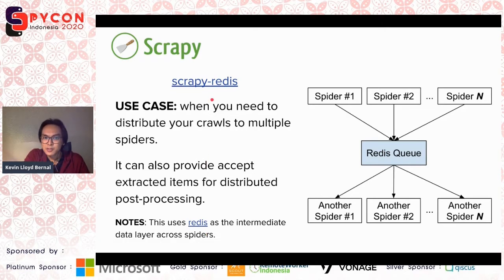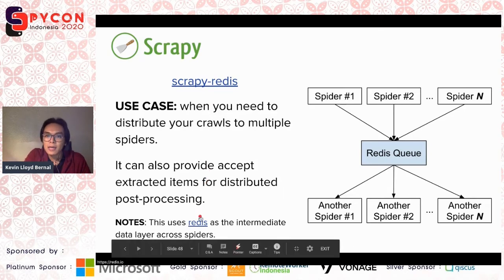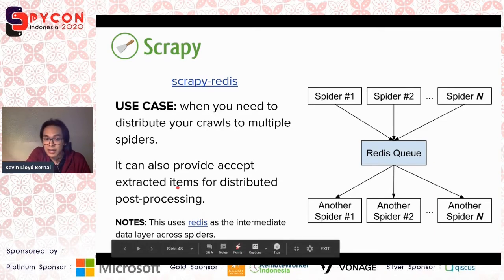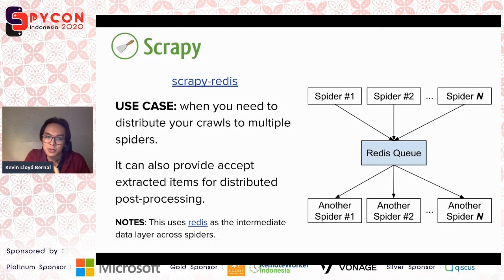By its name, Scrapy Redis uses Redis as the data layer by default, and the Redis storage here would accept either extracted items or even requests or responses. So you could do distributed processing or distributed crawls.